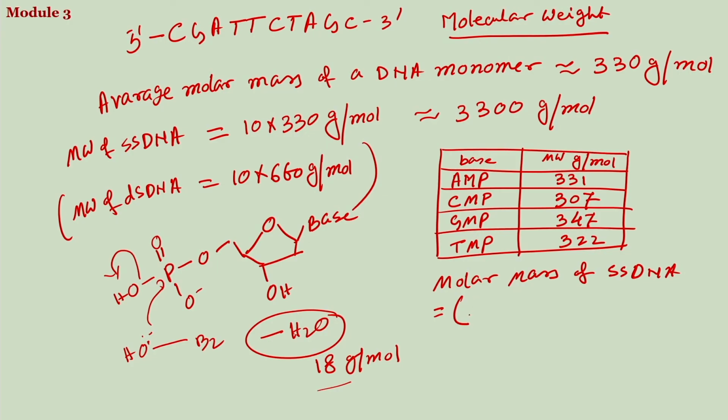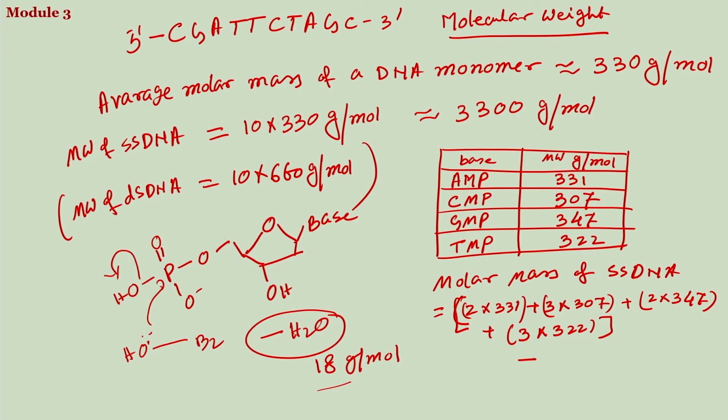2 into how many adenine are there? 2 into 331 plus cytosine 1, 2, 3, 3 into 307 plus G 1, 2, 3, 4, 7, plus T 1, 2, 3 T's, 3 into 322, minus how many phosphate bonds?